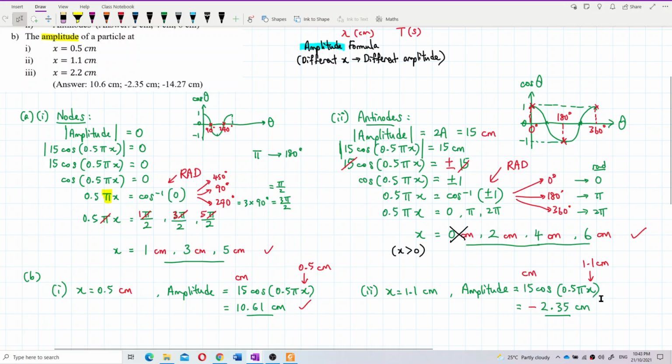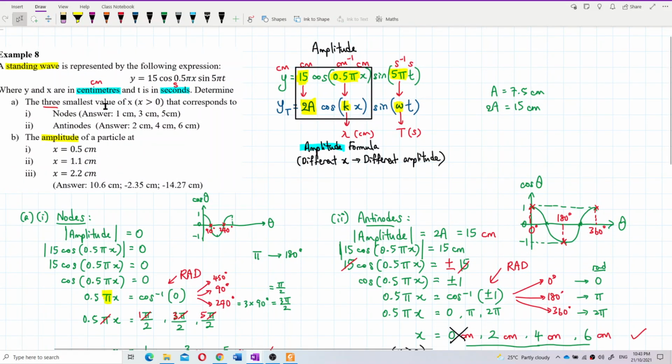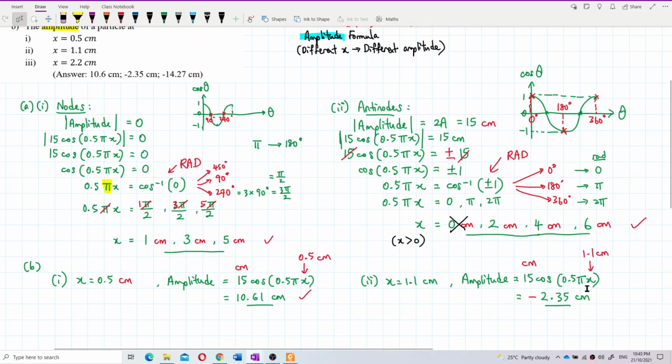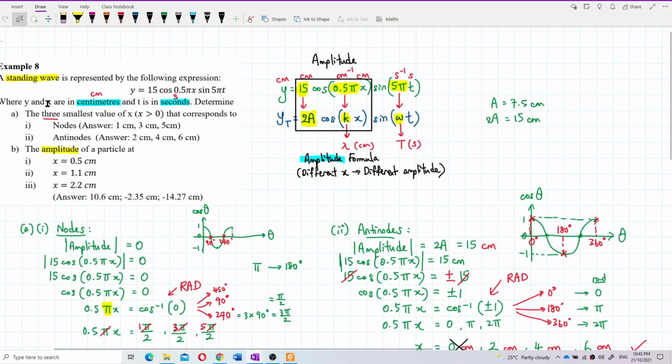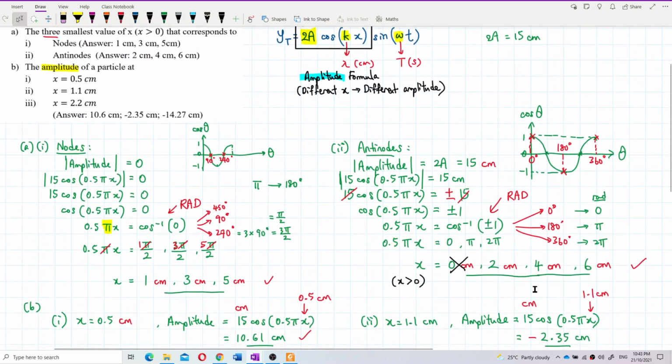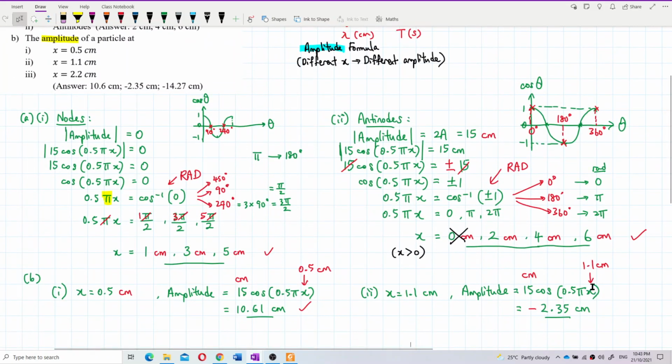The x is in centimeter also, so you just substitute x in centimeter. No need to change to meter. Don't need to change the x into meter because the question already says the x is in centimeter. So when you substitute the x, remain in centimeter.